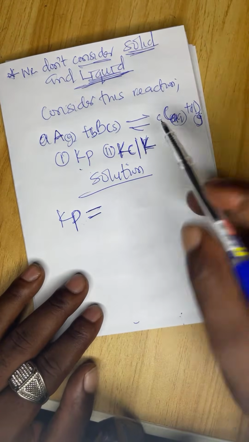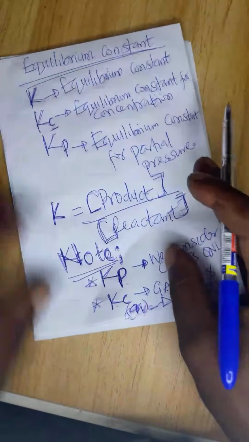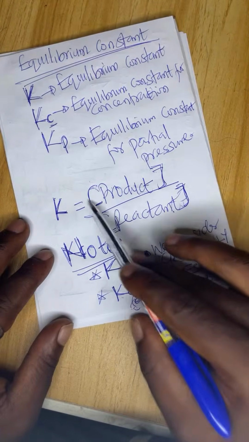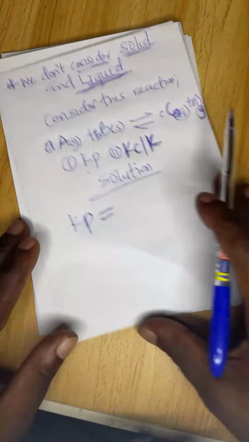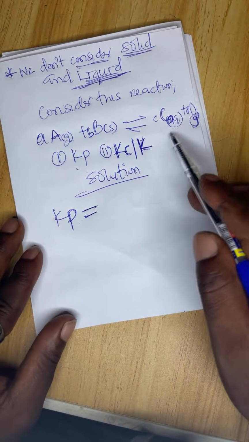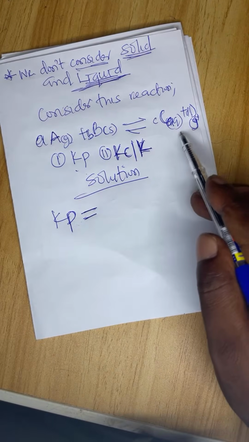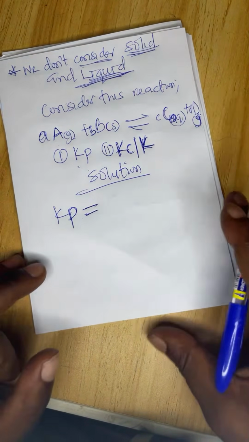I taught you that it is product over reactant, which means I consider the product first before the reactant. Is there a gas here?